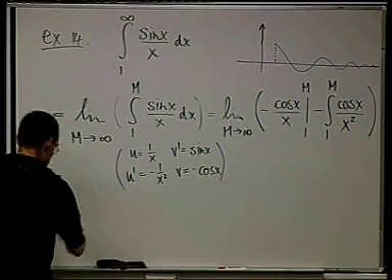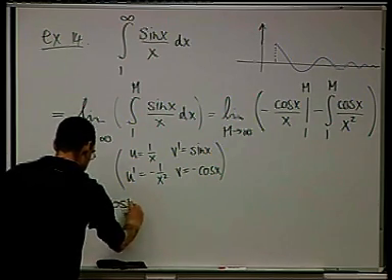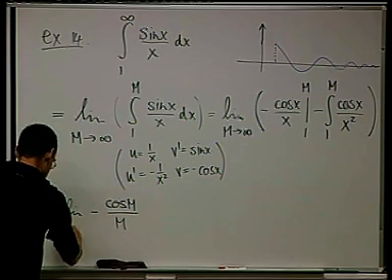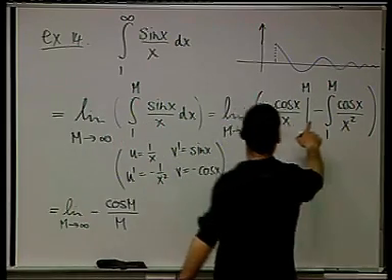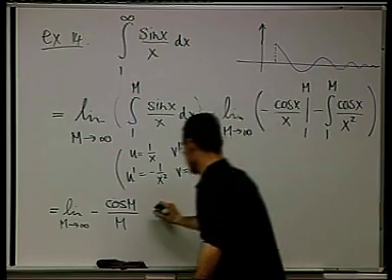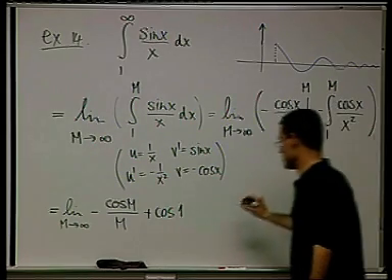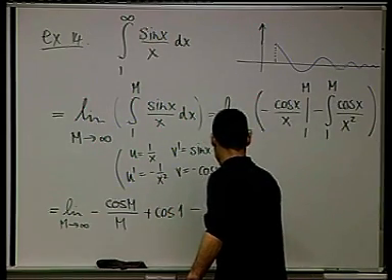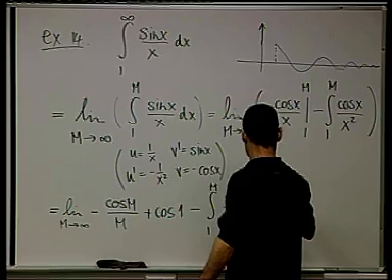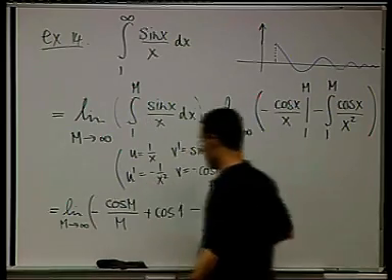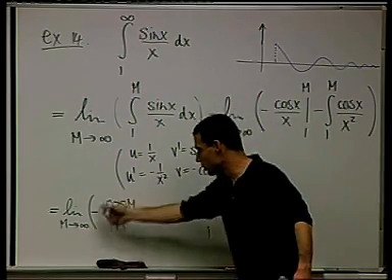Limit of minus cosine m over m, minus cosine 1 over 1, so plus cosine of 1, minus this thing, the integral from 1 to m of cosine x over x squared, and this is the limit we want to calculate. Do you agree?